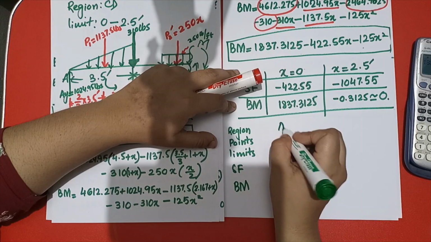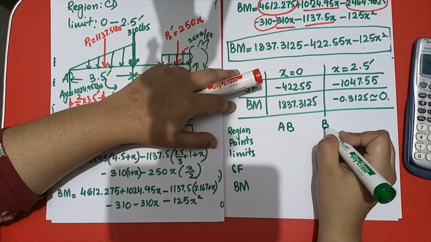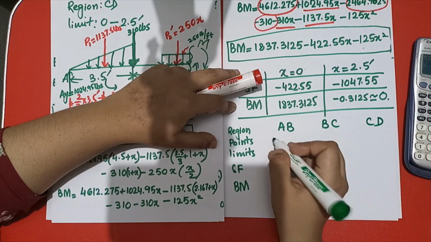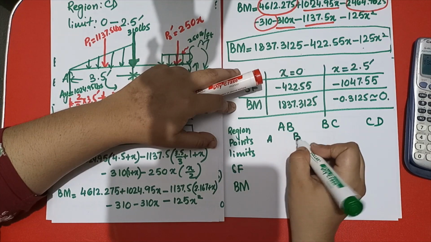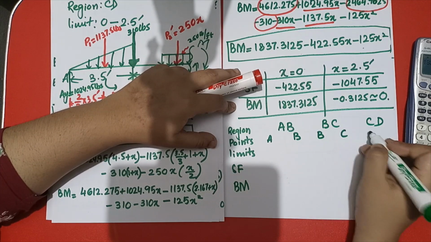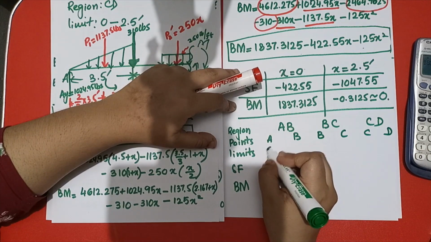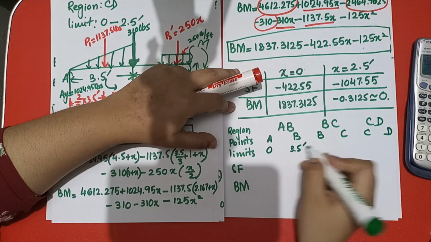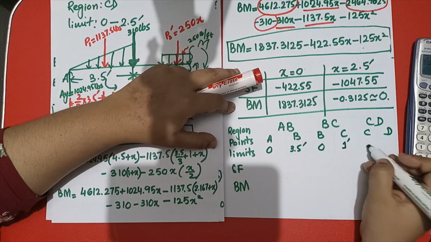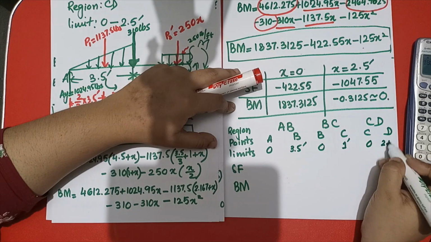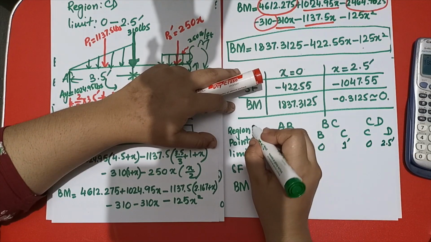So for the regions AB, BC and CD, it will be A, B, this is B, and this is C, this is C, and this is D. So it is from 0 to 3.5 feet, 0 to 1 feet, whatever limits we have taken. I am putting it right now here, 0.25.